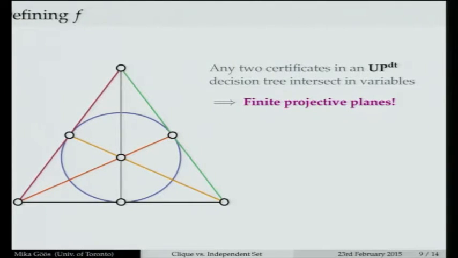So when you want to construct functions with efficient unambiguous decision trees, you need to have the certificates always intersecting. So then if you want to draw your unambiguous decision tree as a kind of a hypergraph, where the nodes are the input variables, and for each certificate you have an edge corresponding to the variables that are involved in the certificate. So these are the hyper edges. Then the set of edges is pairwise intersecting. That's just a structural property you need to have.